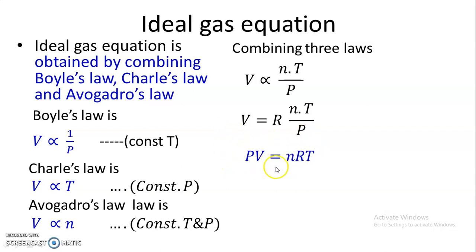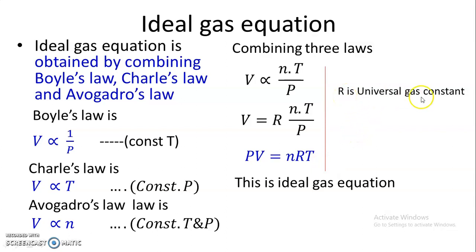Therefore we can write PV is equal to nRT, and this is the ideal gas equation. The product of pressure and volume is equal to nRT, where R is a constant.